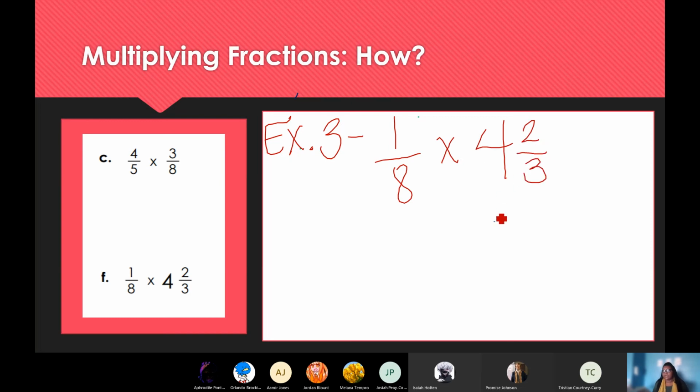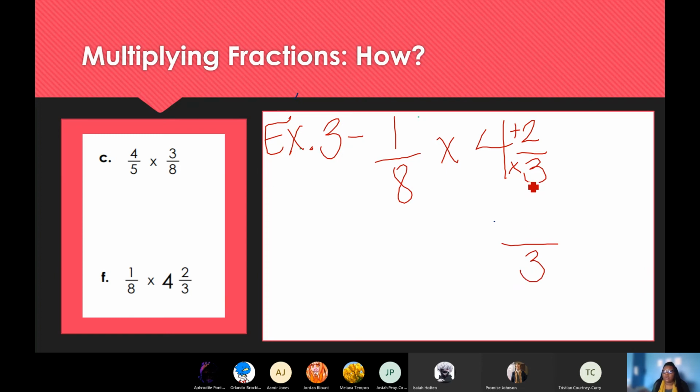My first step here is to turn that mixed number into an improper fraction. To do that, I'm going to multiply my whole number by my denominator, then add 2. Remember, I'm going to keep my 3 as my denominator.